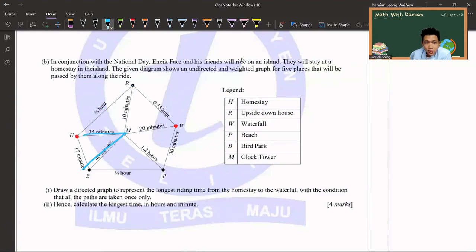So definitely it's not going to be the ideal case. If I go this way, if I go up, I cannot come back to P. So I would need to go here, like this. So the possible ways for me to go through every point would be this way, or this way.